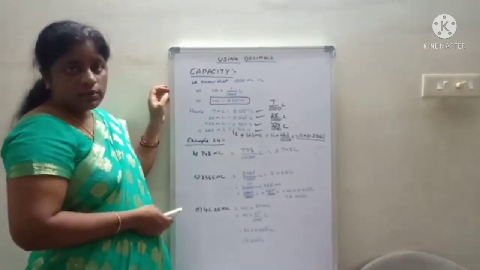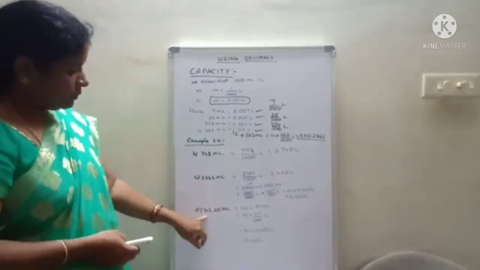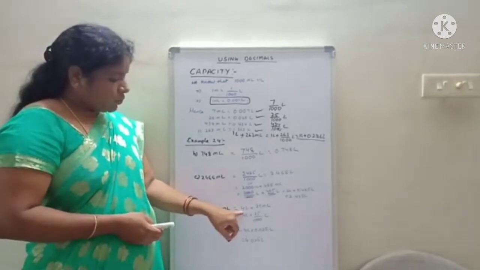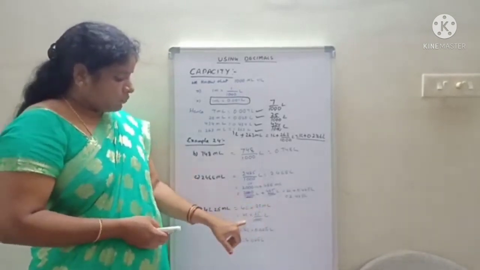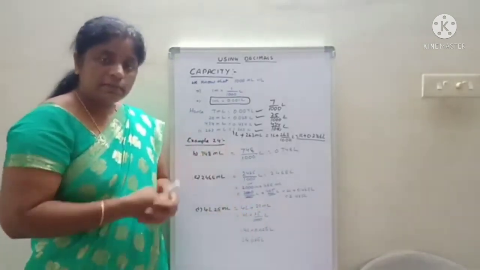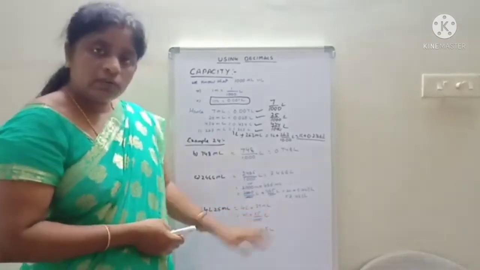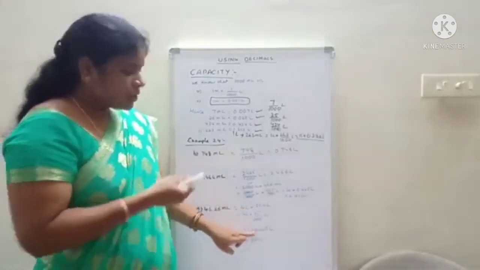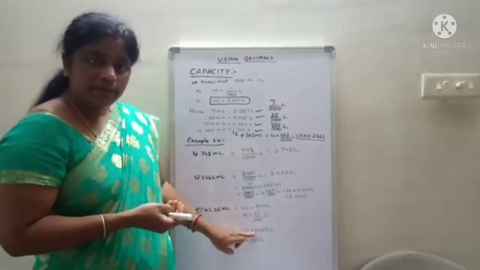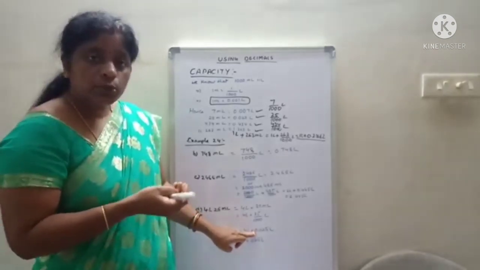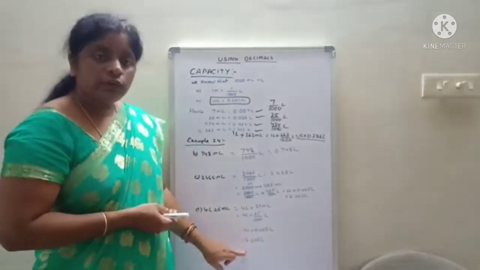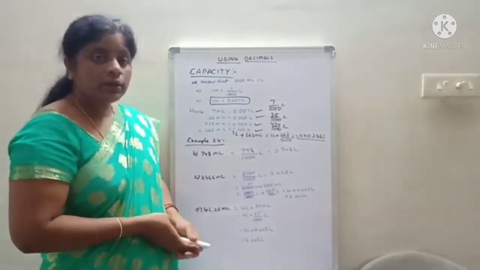We get 2.465 liters. And here 4 liter 25 ml, 4 liter plus 25 ml. 25 ml expressed in liters is 25 by 1000 liters, which in decimals is 0.025 liters. Add them, we get 4.025 liters.